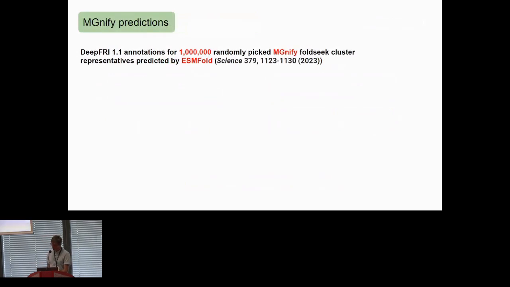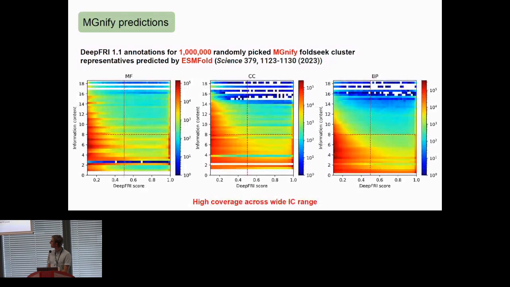Yes, and when it comes to running DeepFRI on some larger databases, we randomly picked 1 million ESM Atlas predictions from MGnify. And again, we can notice that we have a high coverage across a wide IC range.